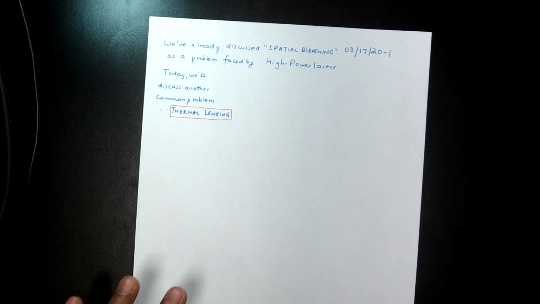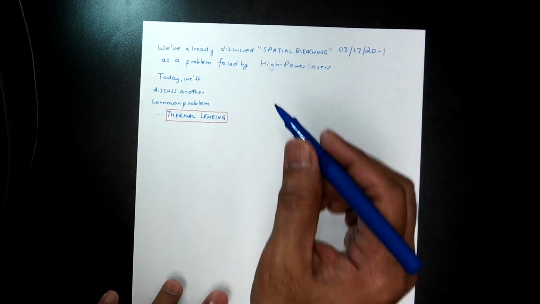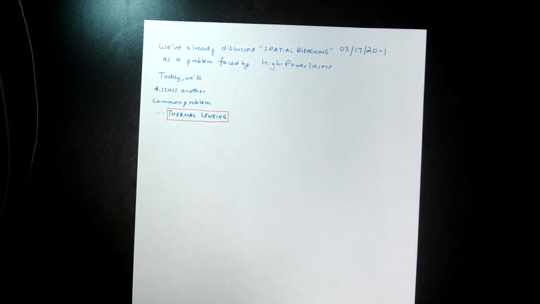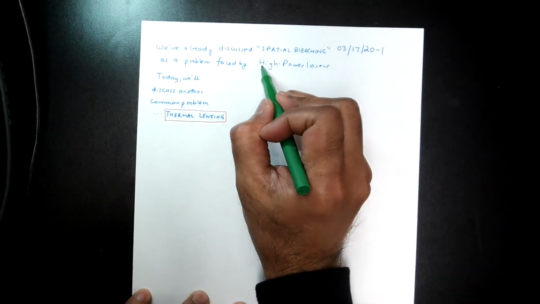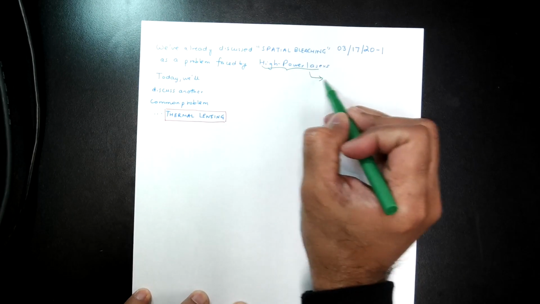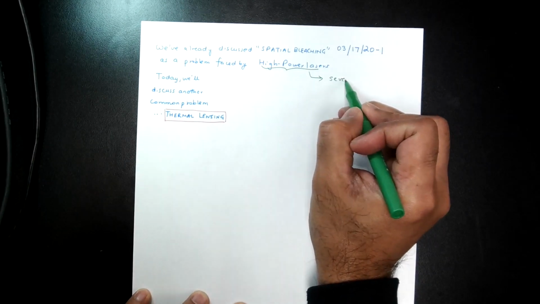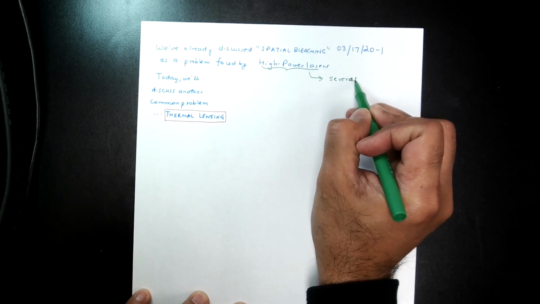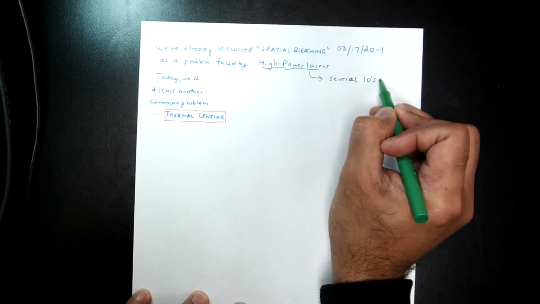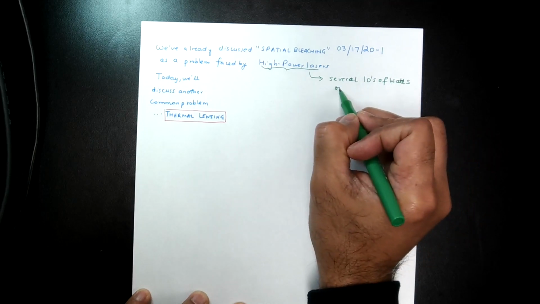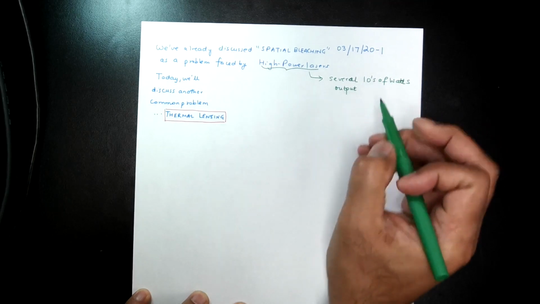Now, what do I mean by high power lasers? I mean, you need to recall, so I'm just going to say, high power lasers. So anything that is several tens of watts, okay, output is high power.